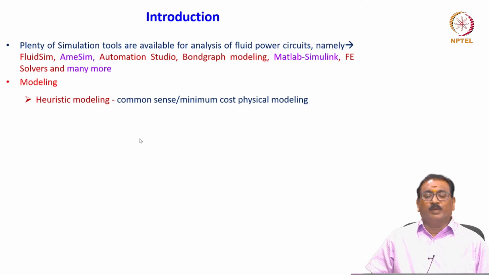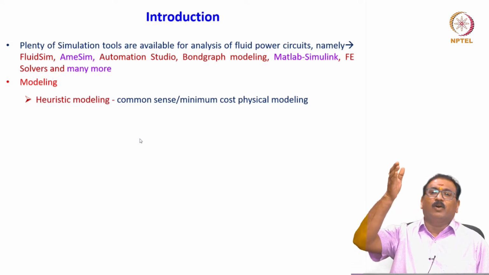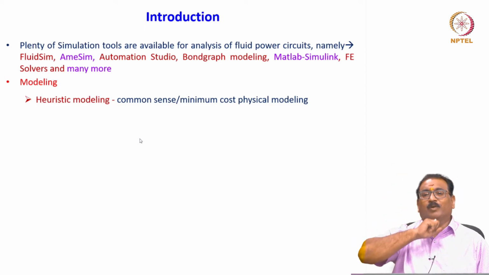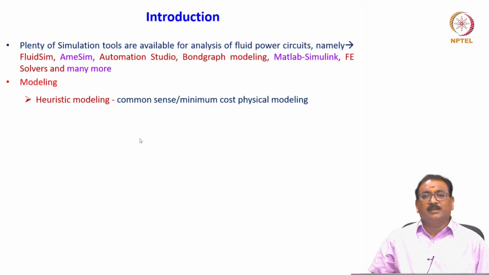Modeling, as I have told you, many things are there. First and foremost thing people are adopting is a heuristic model. Heuristic model is nothing but, friends, common sense modeling, the minimum cost physical modeling. For example, one big almirah is there in a small room and the door is very small. How to take this almirah outside?